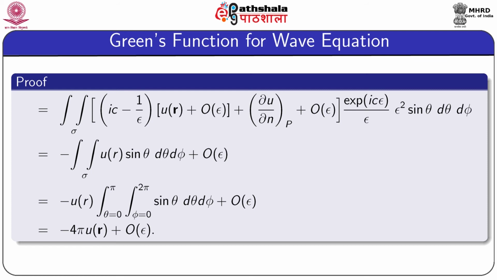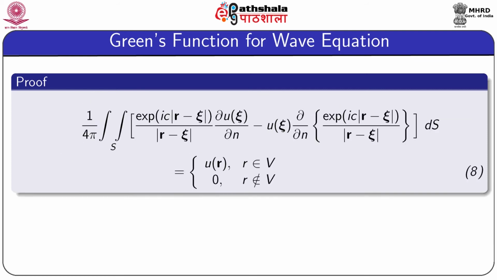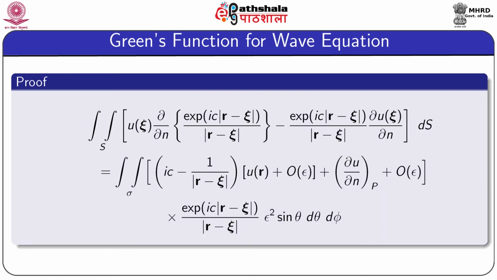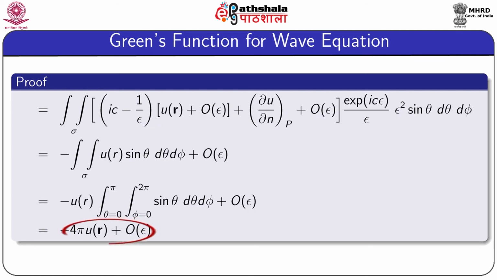So, if we take epsilon tends to 0, then we can get the left hand side of the integration in this term. The left hand side is the surface integral over S, and the right hand side we just obtained, its value is minus 4 pi u plus order of epsilon term.